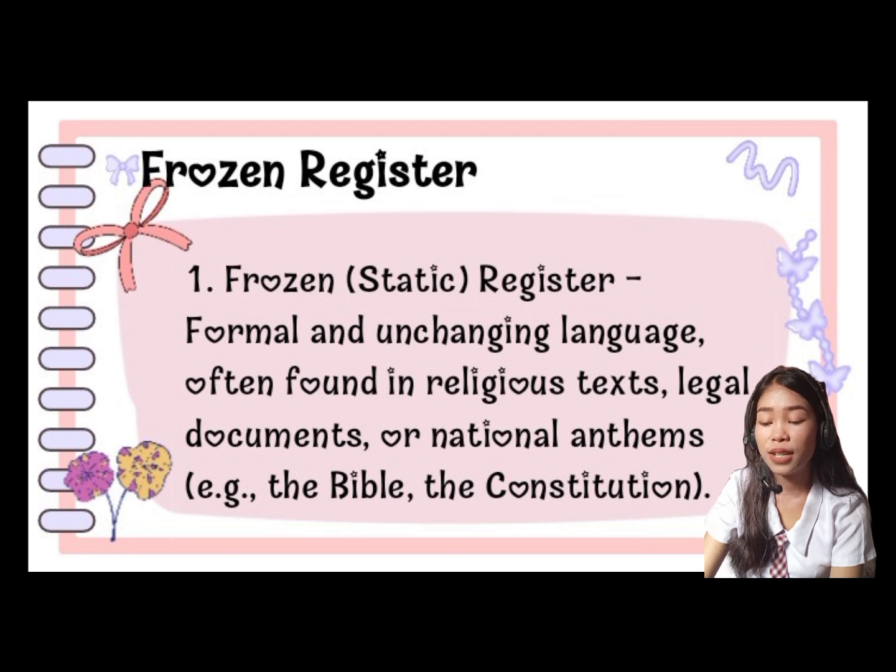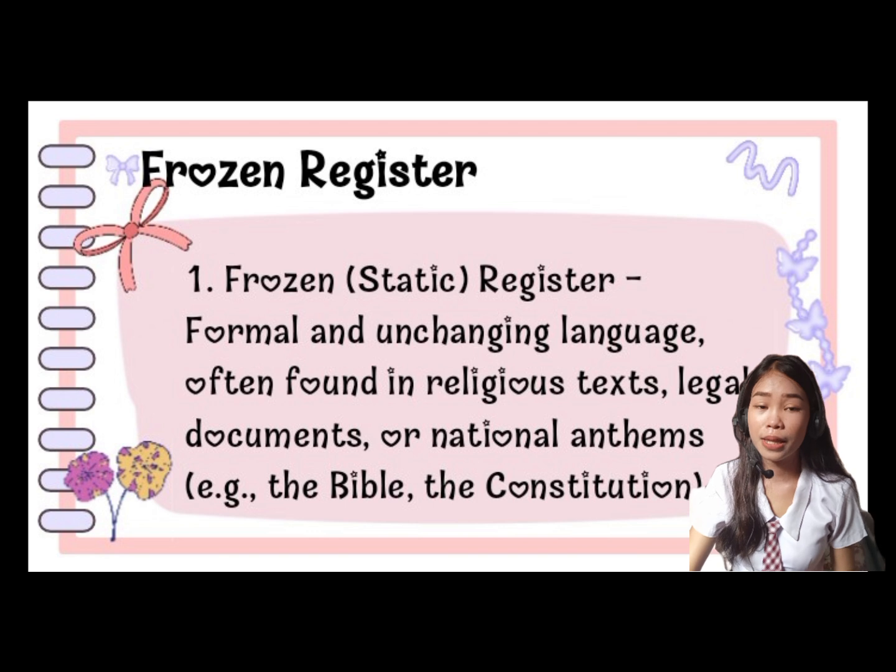This type of register is commonly found in religious texts, legal documents, national anthems and pledges, historical speeches and declarations. For example, "We hold these truths to be self-evident, that all men are created equal." That was from the U.S. Declaration of Independence.